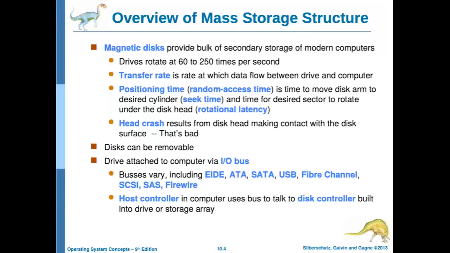Now, we have gone through memory management, that is the primary memory, and the secondary memory is typically called the disk. The secondary storage is required for a bulk amount of space. This is non-volatile, and magnetic disks are used for that.